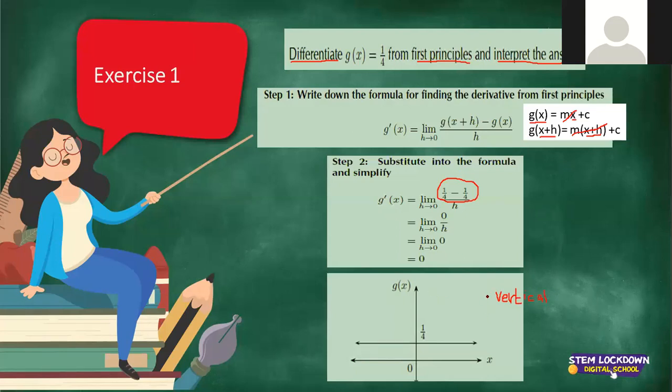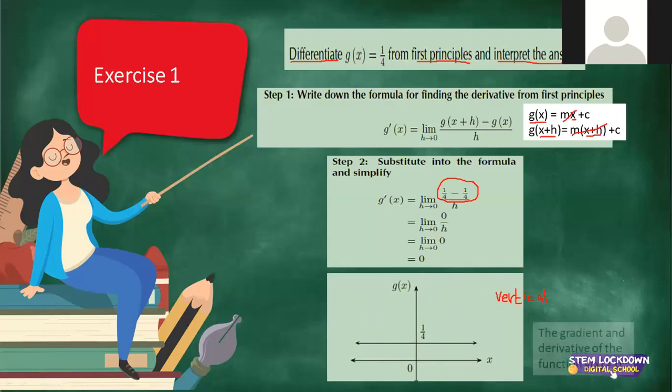You can try the same problem and see, if this function was vertical, then what would happen? You will realize that the gradient is undefined. So drawing the graph can help you see if you are on the right track. If they didn't say you should draw the graph, you don't need to, but you can just draw your graph to see if what you're doing is right.